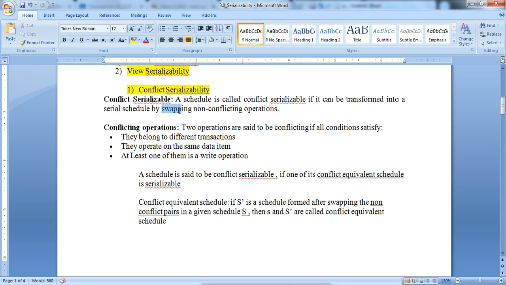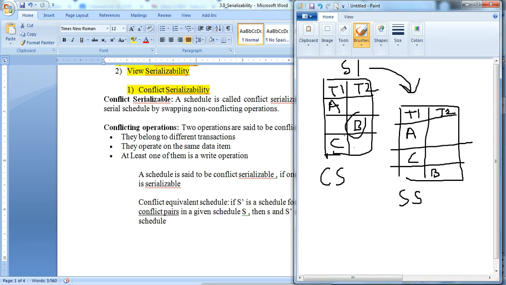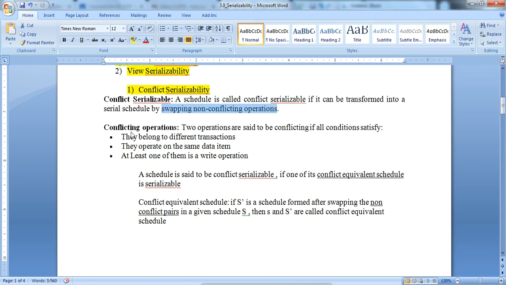By swapping non-conflicting operations, we swap this one with this one, and we need to check that they are non-conflicting operations. So we need to know what a conflicting or non-conflicting operation is.